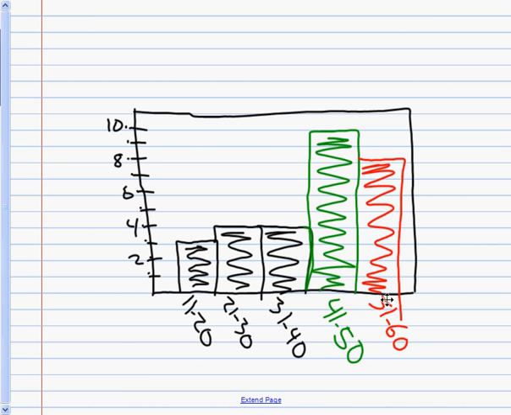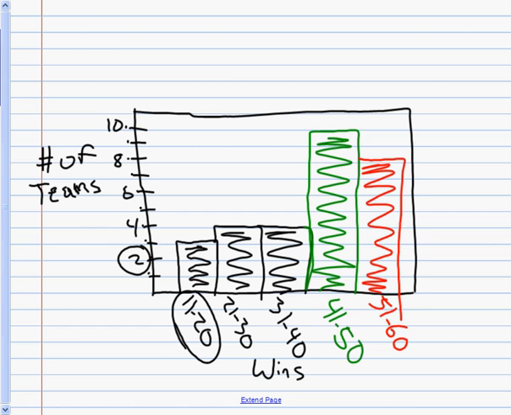Again, notice that we have numbers on both the bottom and the side. So this would be the number, interval of wins, kind of. And on the left we would have number of teams. Now, to some who are used to bar graphs, this might seem a little odd to have this type of data.